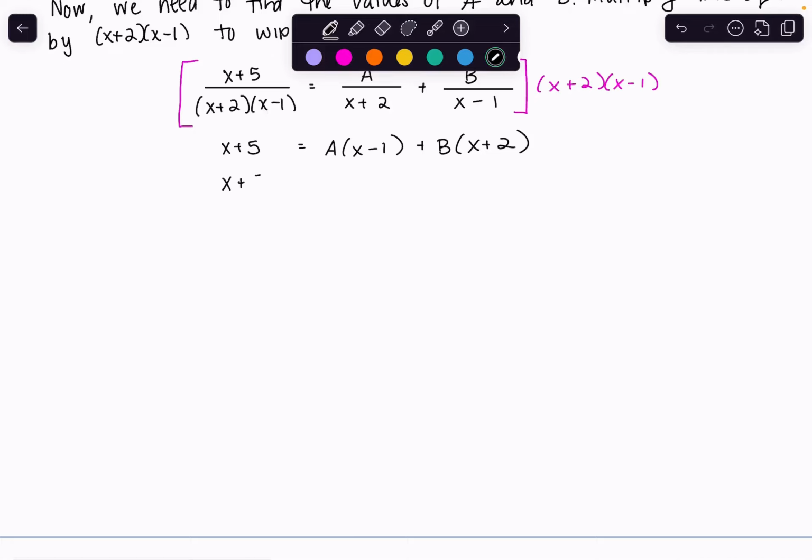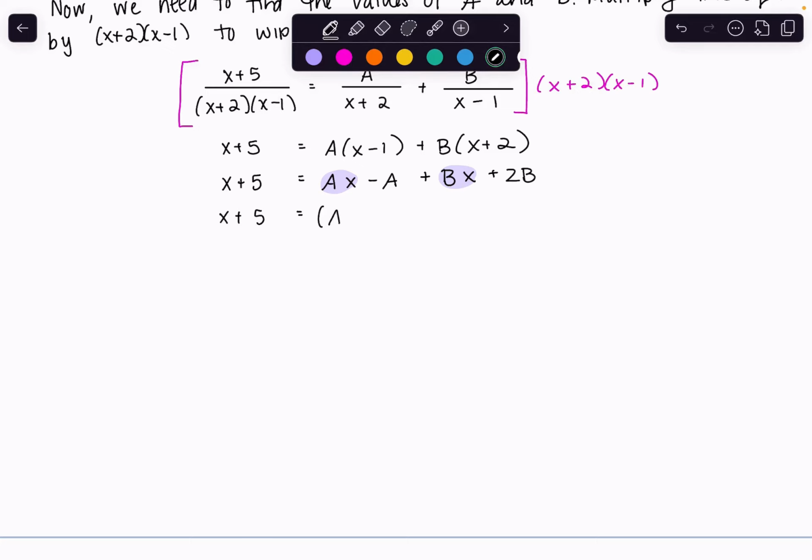So what I'm going to do is I'm going to expand everything out. This gives me a times x minus a, b times x plus 2b. Then I'm going to group those like pieces. So these are my things that involve x.